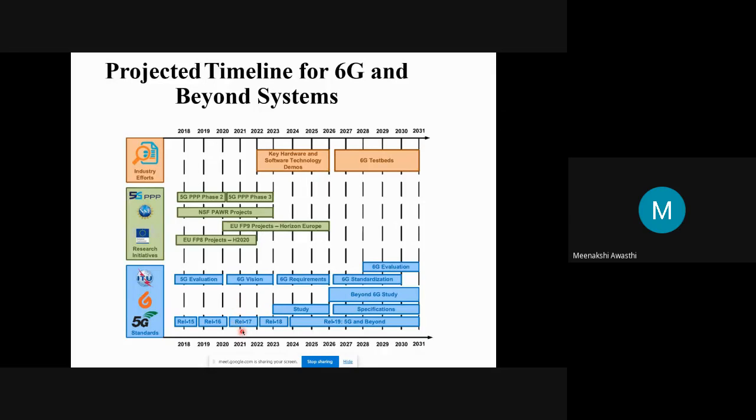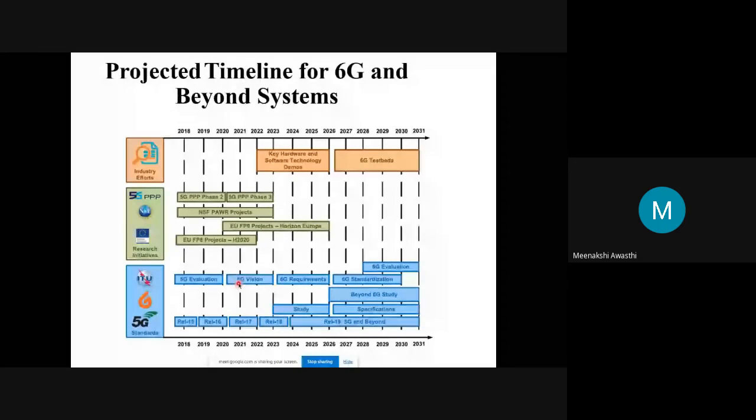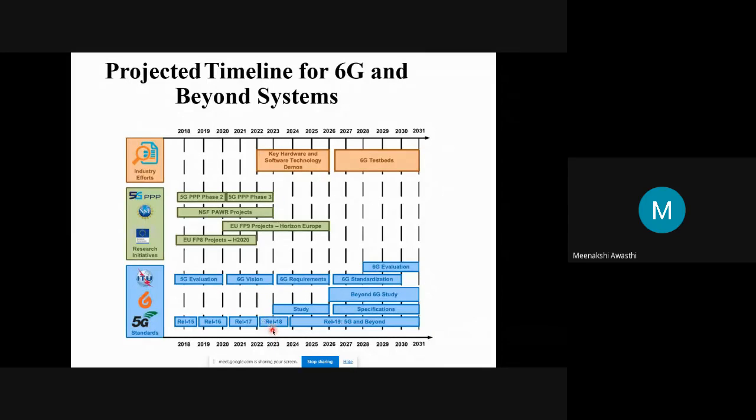By Release 17 and 18, the version of Release 18 will be given, and then the main requirements of 6G, based upon the environment and the system, will be generated by the starting of 2024 or by the end of 2023. So again, a lot of study will be required for that.